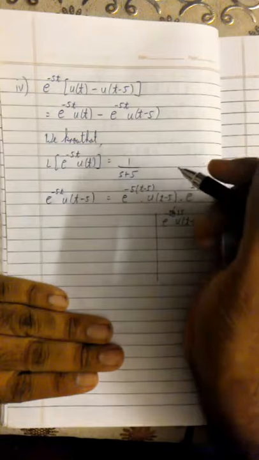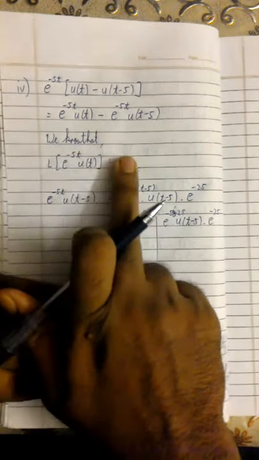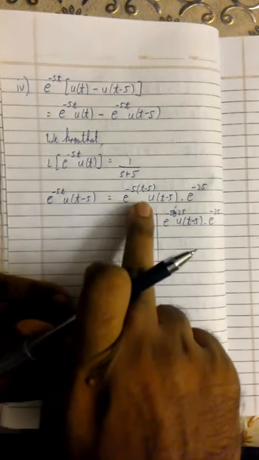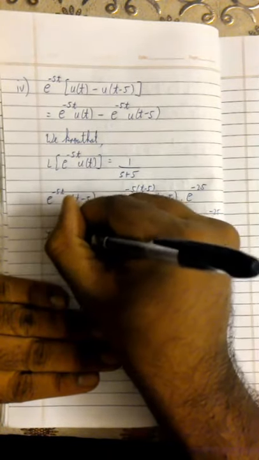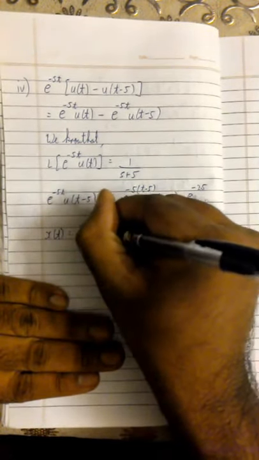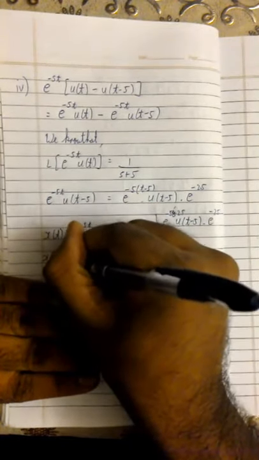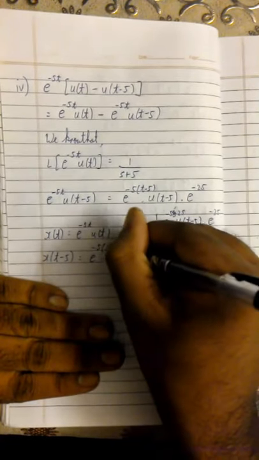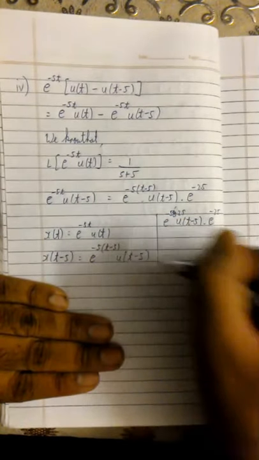We know that the Laplace transform of e raised to minus 5t u of t is equal to 1 by s plus 5. Likewise over here, if I apply the time shifting theorem, here x of t is equal to e raised to minus 5t u of t, then x of t minus 5 is equal to e raised to minus 5 of t minus 5 into u of t minus 5.